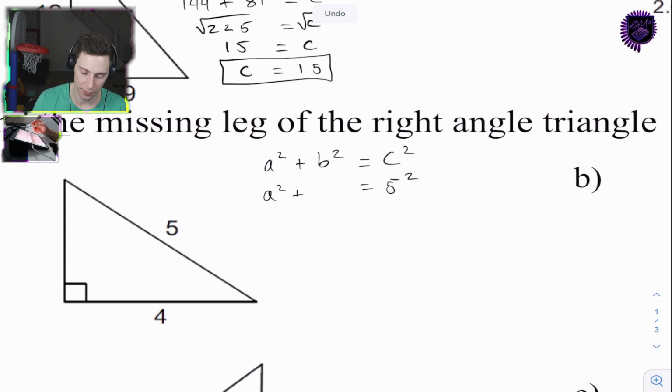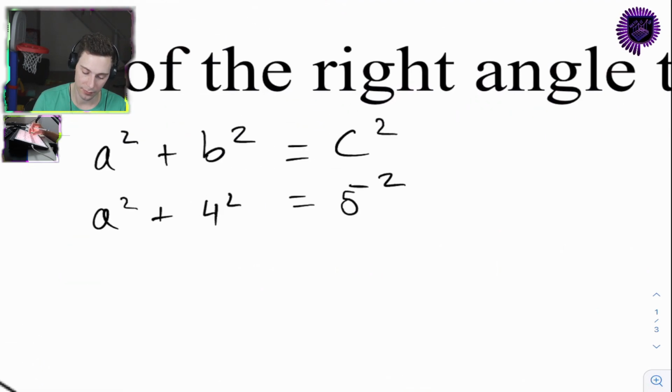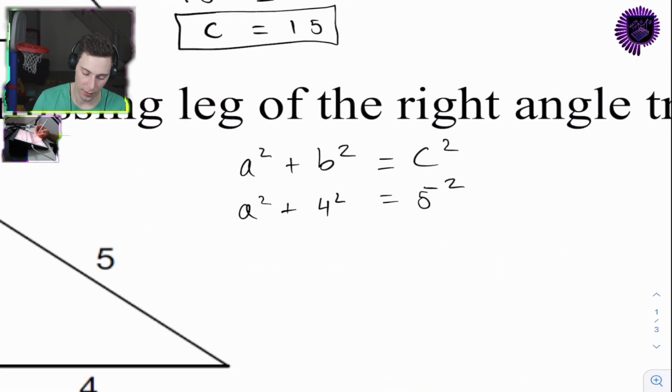A squared plus 4 squared. So that means a squared plus 16 will equal 25.